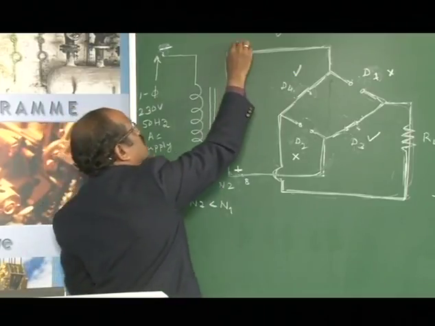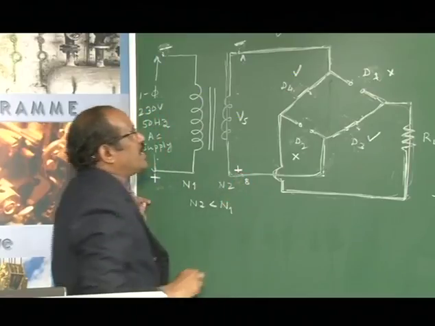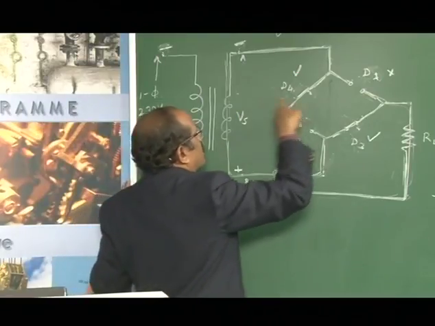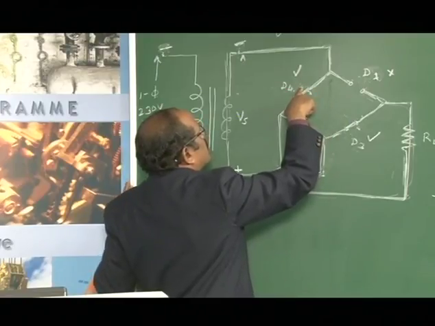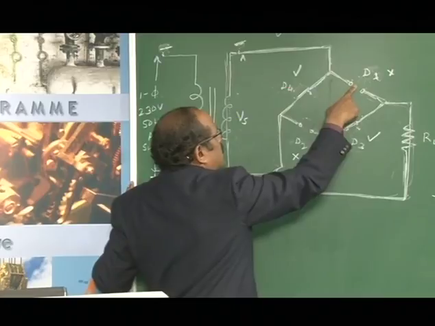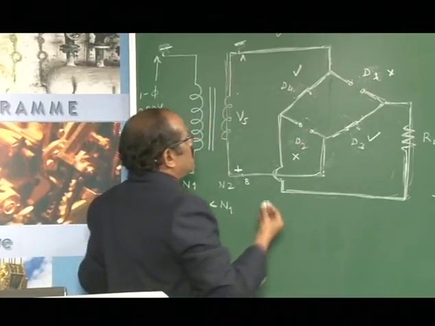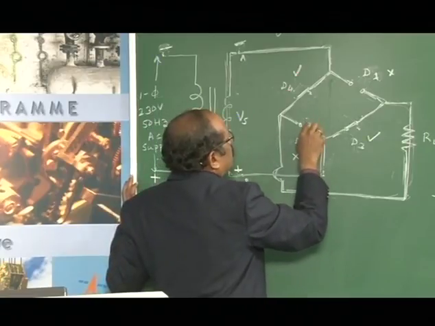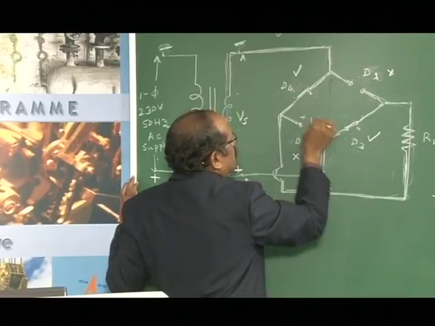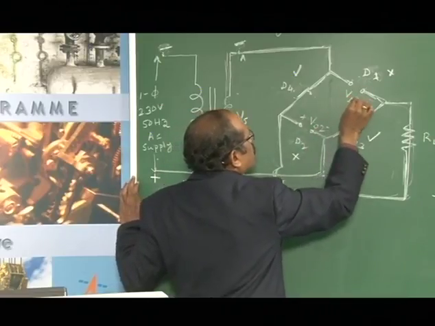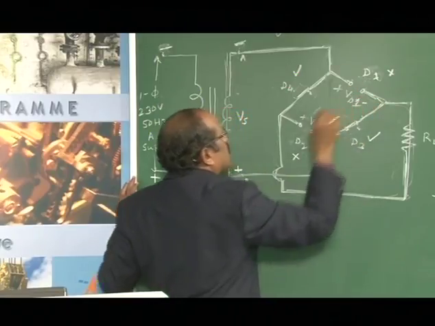So terminal A will have a negative potential with reference to terminal B. Therefore diodes D3 and D4 conduct together, whereas diodes D1 and D2 will be reverse biased. Now we need to find the voltage across diode D2, and similarly the voltage across diode D1 here.